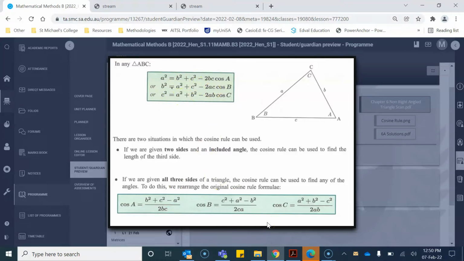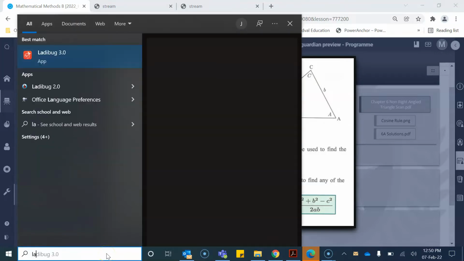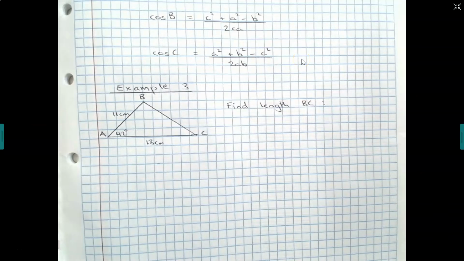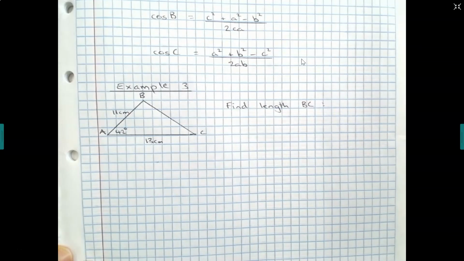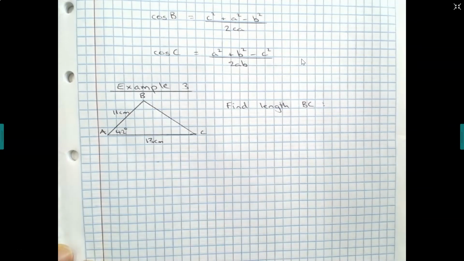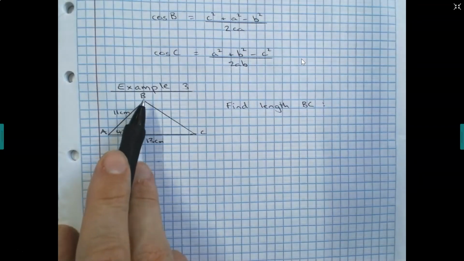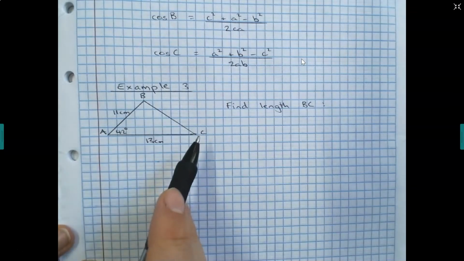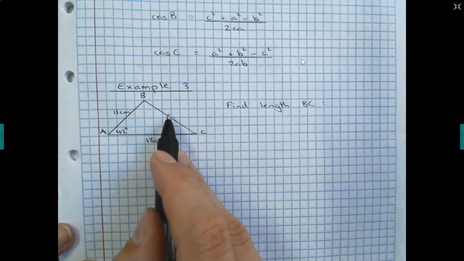So now we're going to have a go at applying the cosine rule in a couple of different examples. In example 3, we are asked to find length BC. Another method that we can use to label sides: we could call this side BC, or by convention it could be lowercase a.